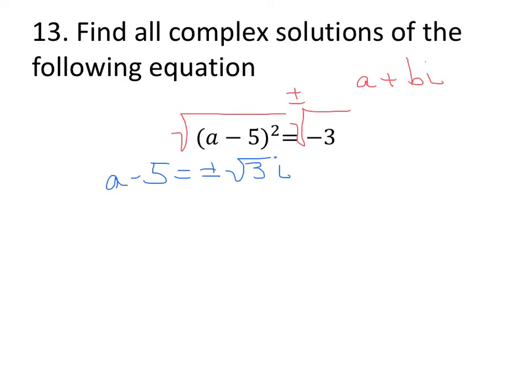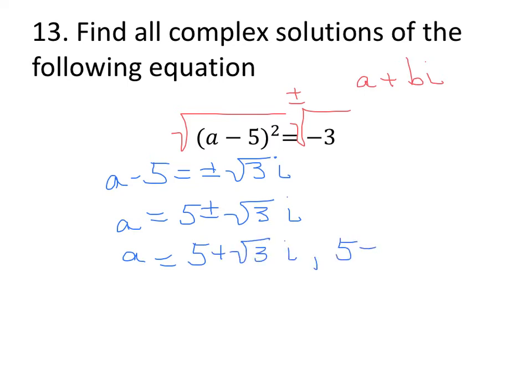Then we add 5 to both sides, and we get a equals 5 plus or minus the square root of 3i, and we can write our solution like that, or we can write two solutions, 5 plus square root of 3i and 5 minus square root of 3i. And you'll notice that both of these solutions are in this a plus bi form.